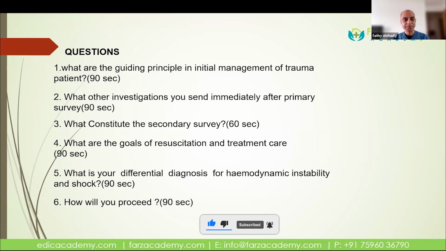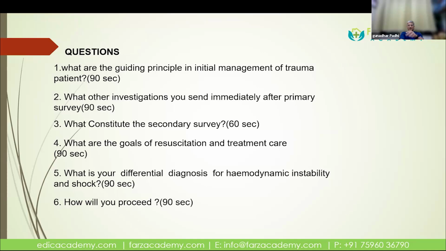So what are the differential diagnoses of the hemodynamic instability in this patient? The causes of shock you can think of. Of course, the first thing is bleeding, whether bleeding from the abdomen, from an abdominal organ or abdominal vessel, or a pelvic fracture which caused retroperitoneal bleeding.